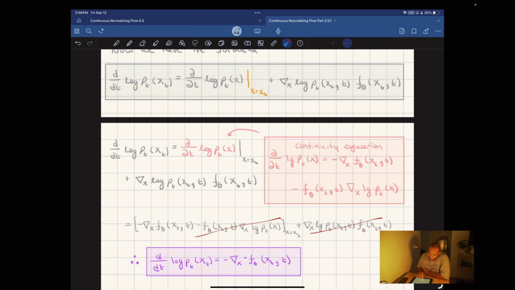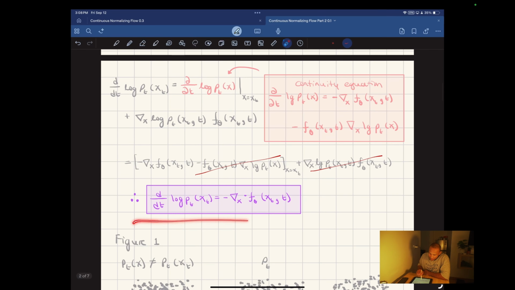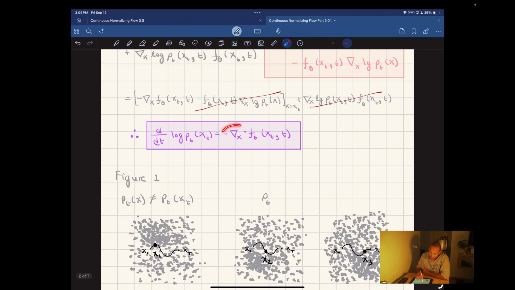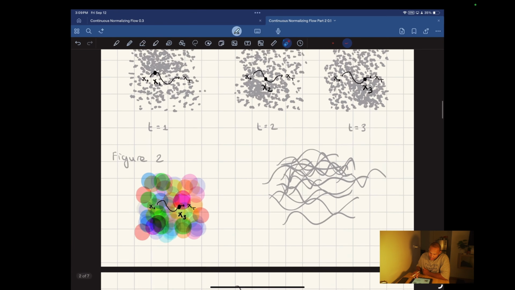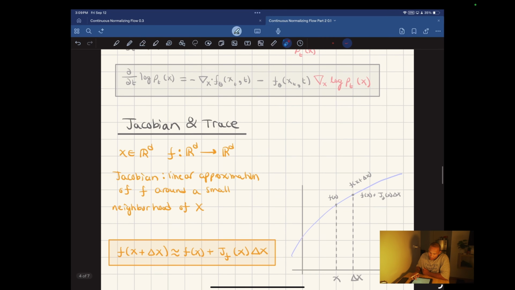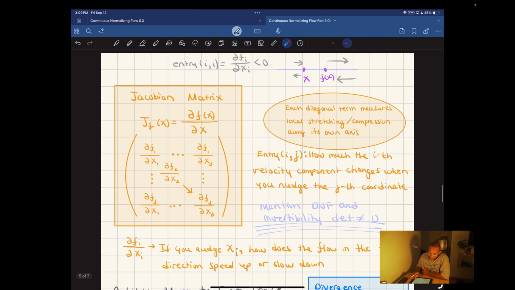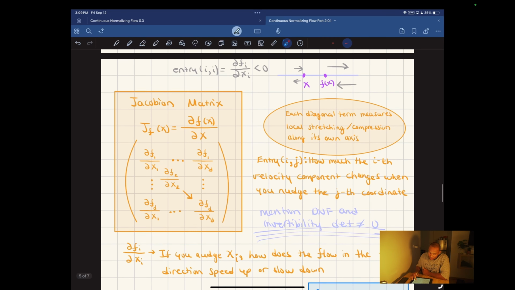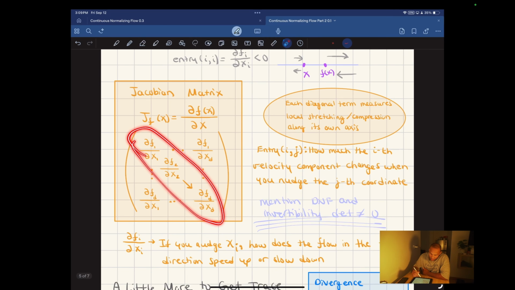We use that in our total derivative of our log density to eventually bring it to this, which is the divergence, which upon observation we see is equal to the trace of the Jacobian.